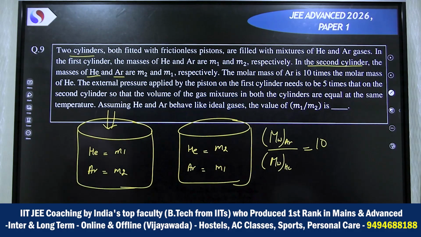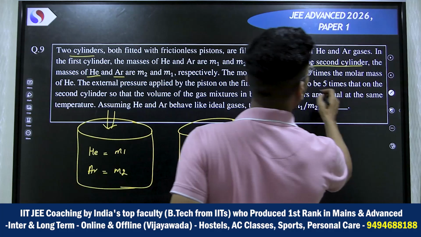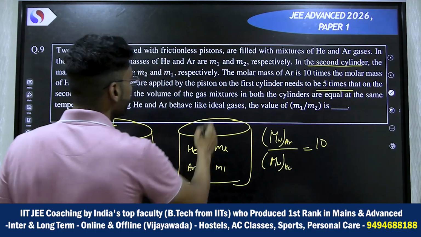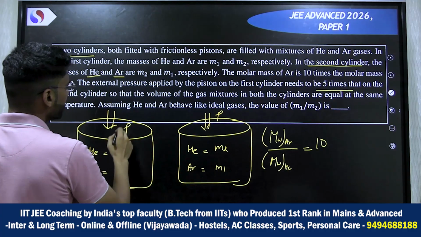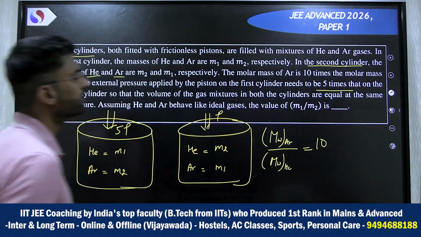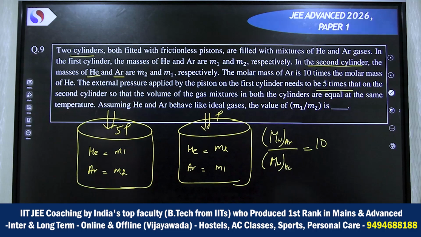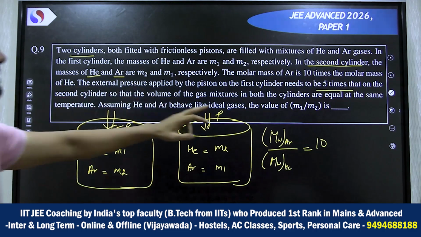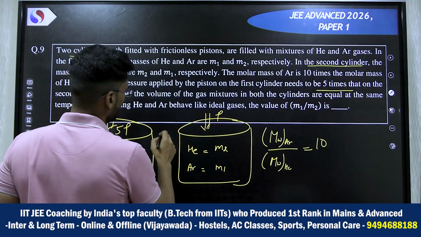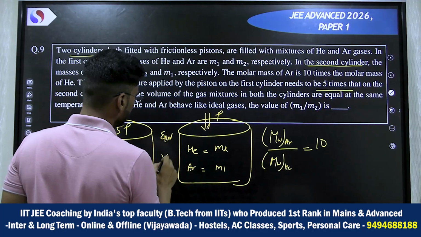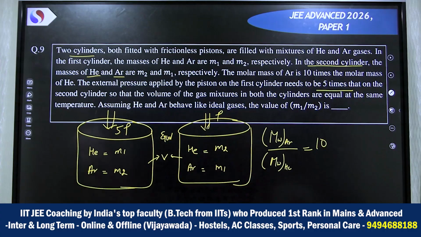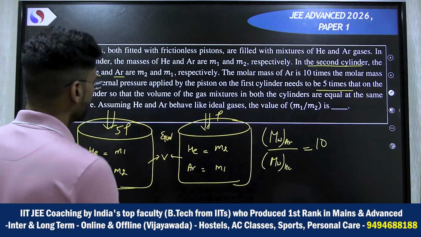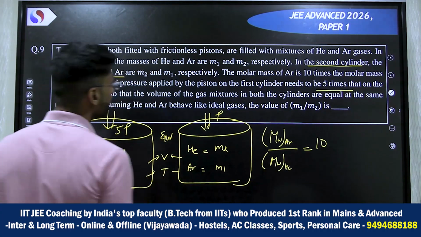The external pressure applied by the piston in the first cylinder needs to be 5 times that of the second, so that the volume of the gaseous mixtures are equal, meaning the volume in both cylinders is equal. Next, temperature is also the same.